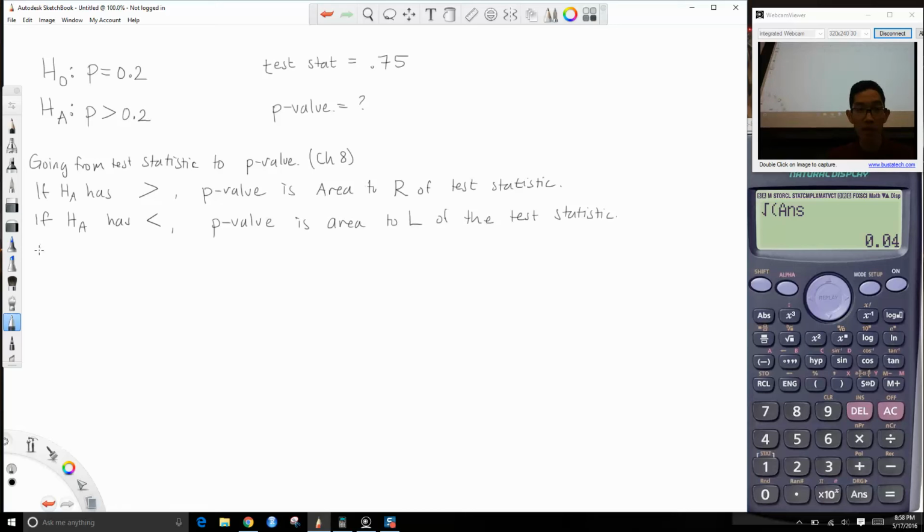And if the alternative has a not equal sign, then the p-value is 2 times the tail area. What is the tail area? The tail area is the part away from 0. The tail area is to the right for positive values, and the tail area is to the left for negative values.